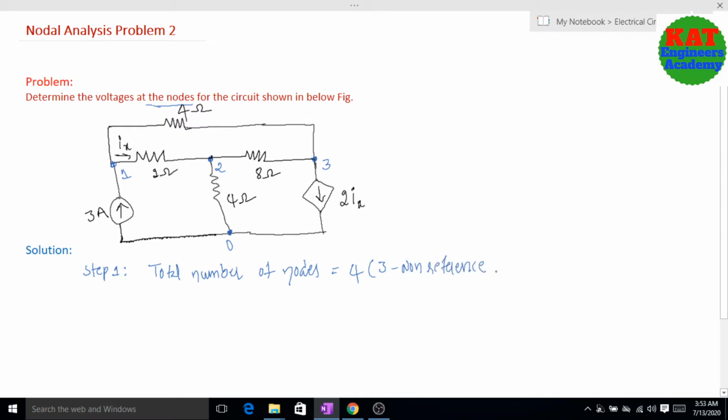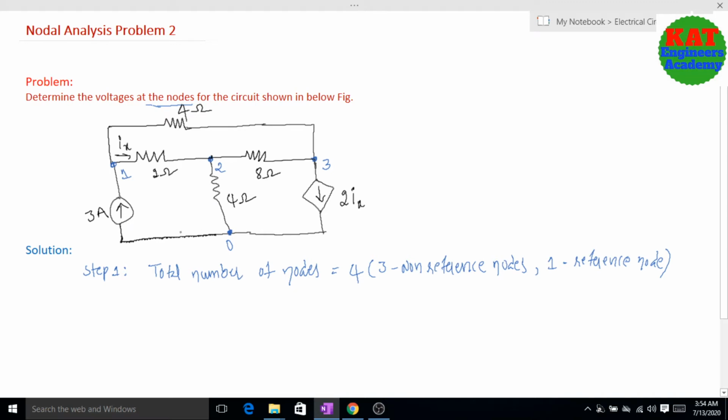For any circuit you should compulsorily have one reference node.